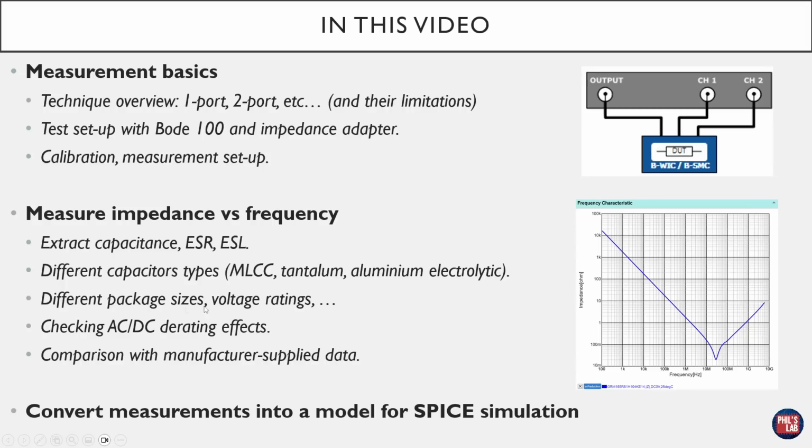We'll compare different package sizes, what that might mean for ESR and ESL, voltage ratings and so on, and then also, for the sake of it, compare some of our measured data with the manufacturer-supplied data that you might find on their websites. After we've extracted all this information, of course it would be nice to actually create our own model, and we'll put that into a SPICE simulation, LTspice in this case, and see how that compares.